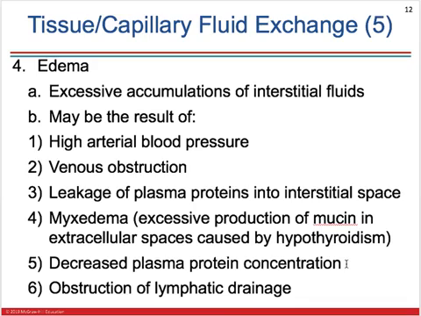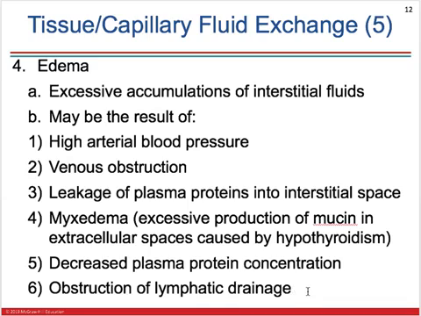Another not uncommon cause is liver disease. If you have liver disease, there's a variety of ways that one can have that. This will result in a reduction in the amount of albumin that can be produced, and as a consequence, you have fluid that leaves the capillary bed and ends up in the interstitial space.